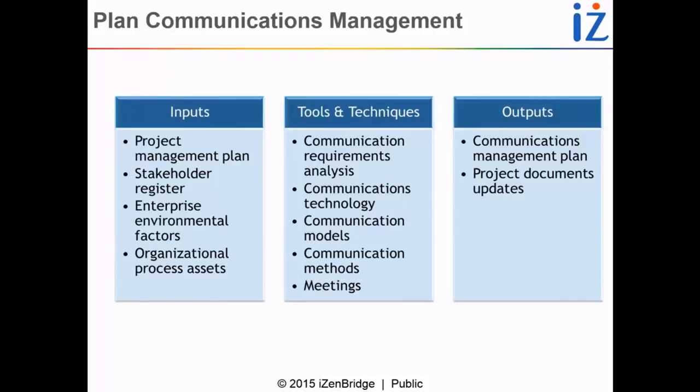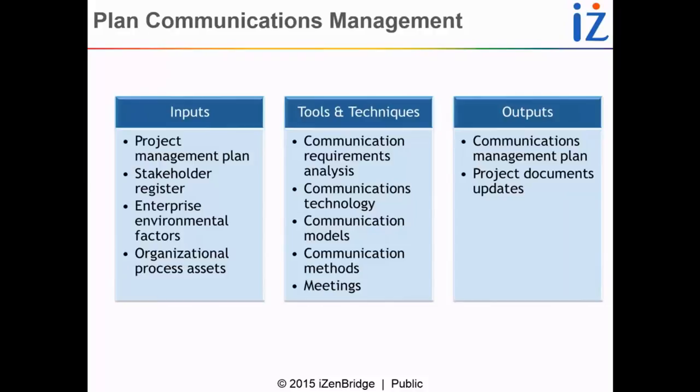Finally, the OPA, or the organizational process assets. Now these, as you may recall, are really the assets that the company has built up from previous experience. And in our case, what do we need? What we can greatly benefit from when creating the communications management plan is any historical information, any lessons learned. And how will this help us?